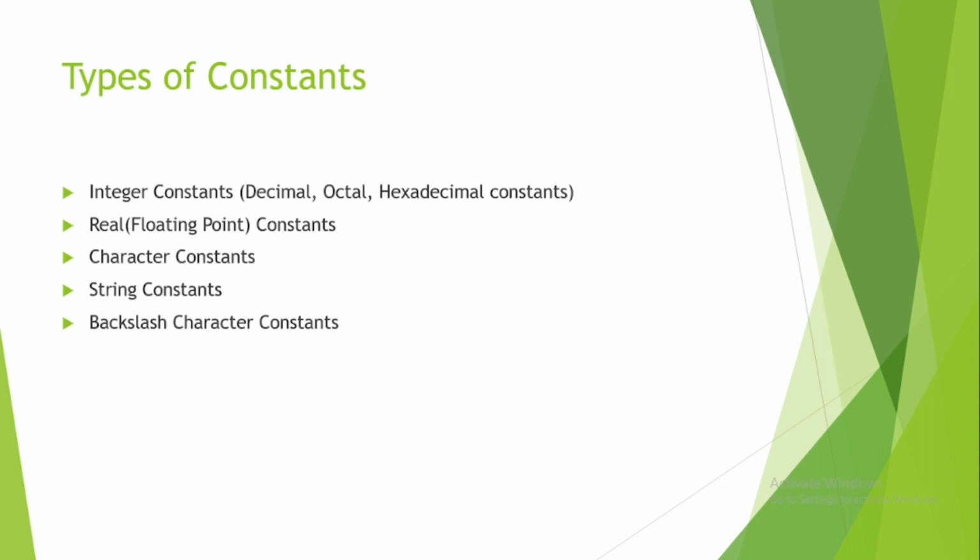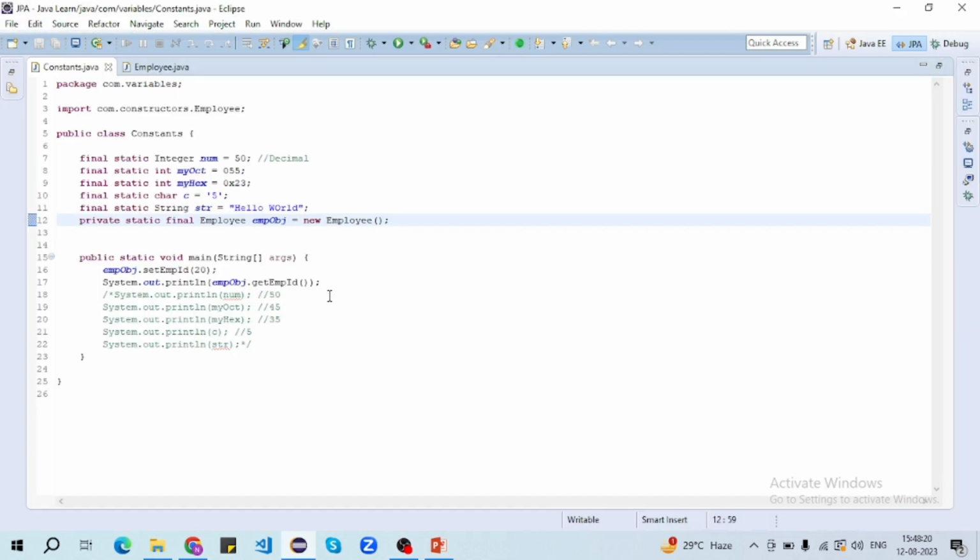So let's go to Eclipse to see how you can create constants. Here I have created a class called constants, and inside this I have created the different types of constants. How have we created this variable as a constant? By making it final.